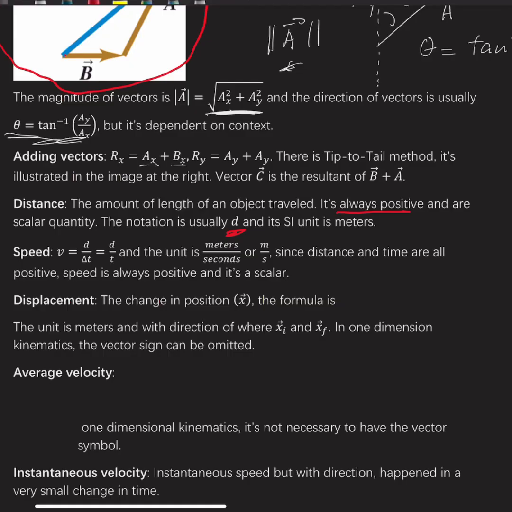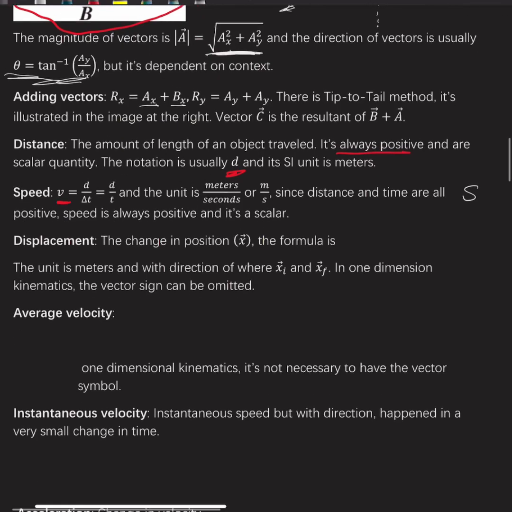And there's speed, which is defined as d over t. You use v, sometimes you use s, but it really depends on the context. To distinguish between speed and velocity, velocity is just adding a vector symbol. Its standard unit is meter per second, and distance and time are positive, so speed is always positive.